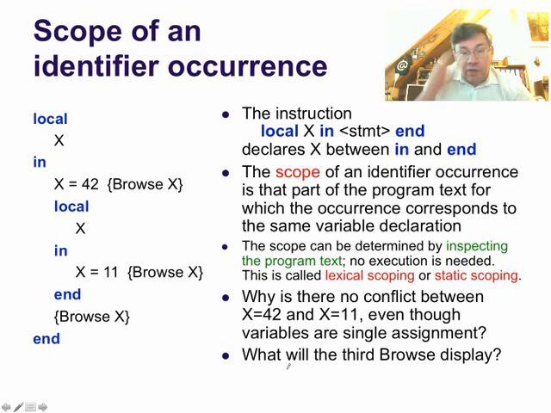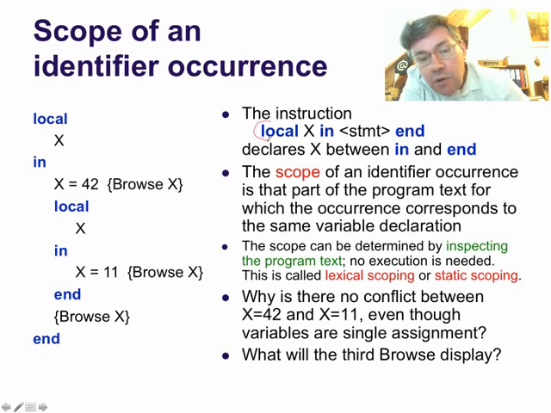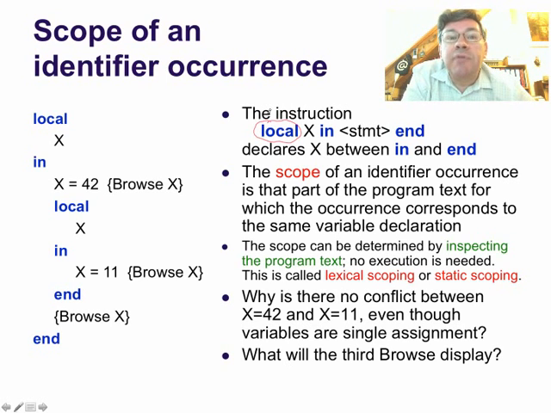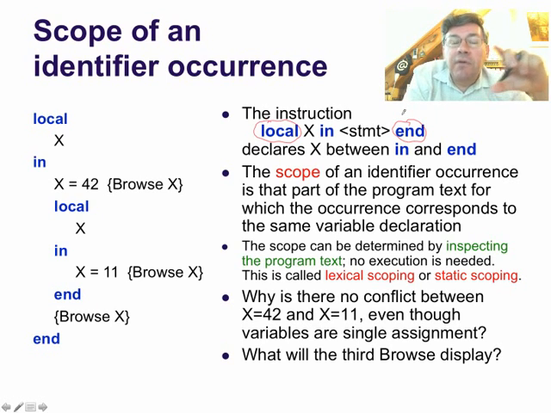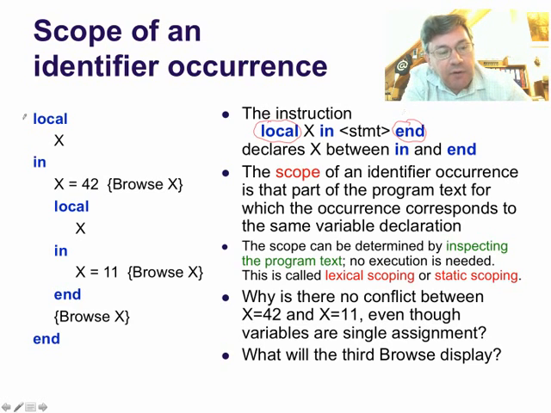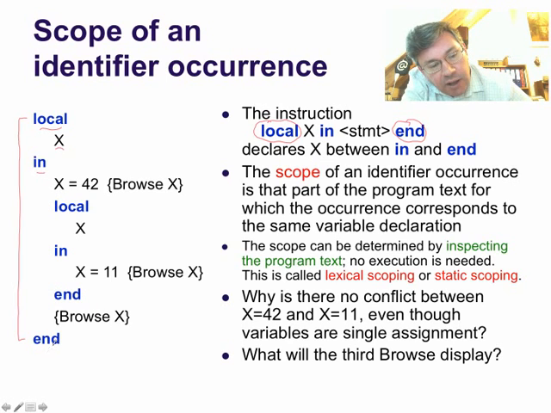Okay, there's another instruction called local, which is similar to declare, except that the redeclaration finishes when it reaches the end. So it's only a fixed part of the program text. So for example, in this instruction here, I have local x in x is 42, until the end.